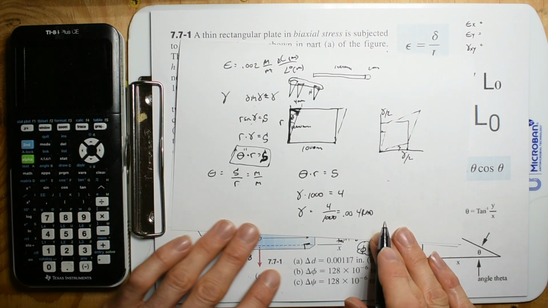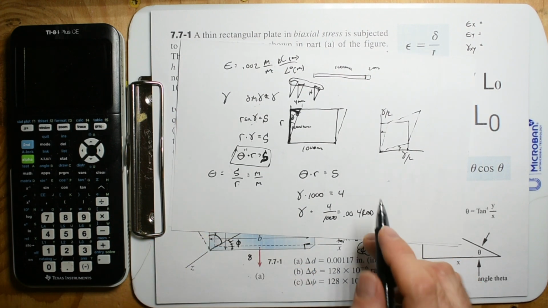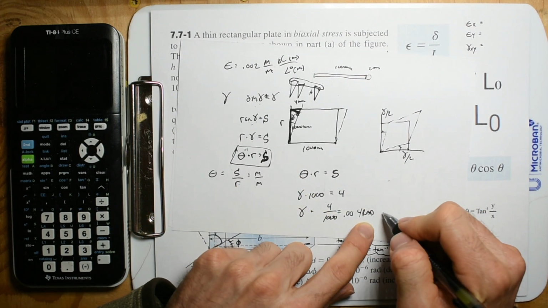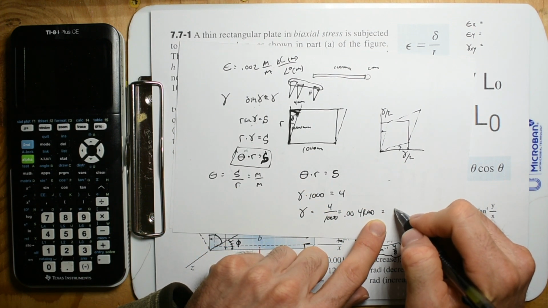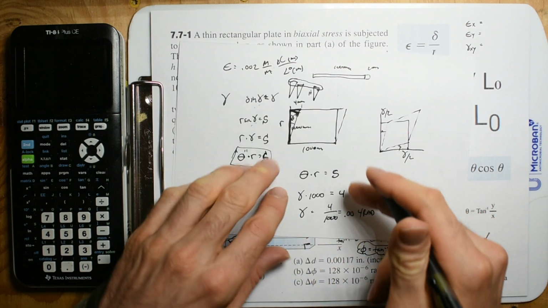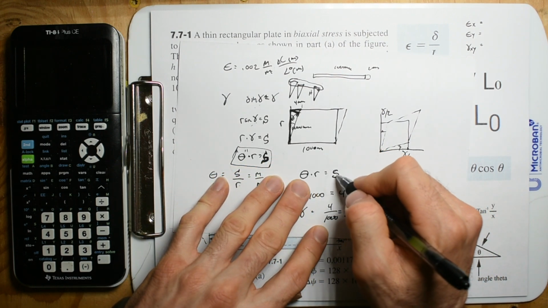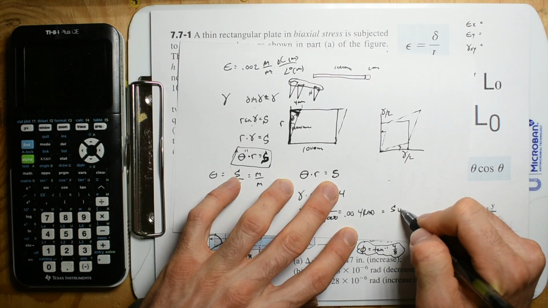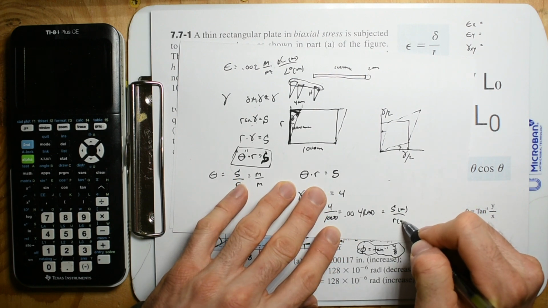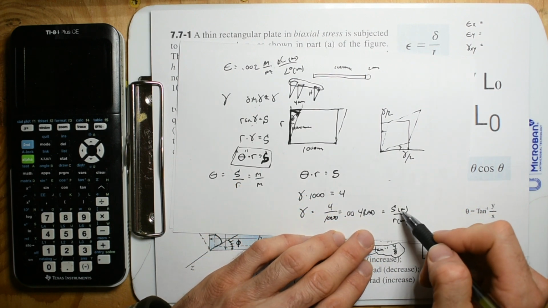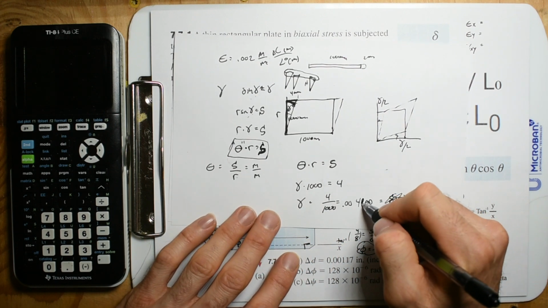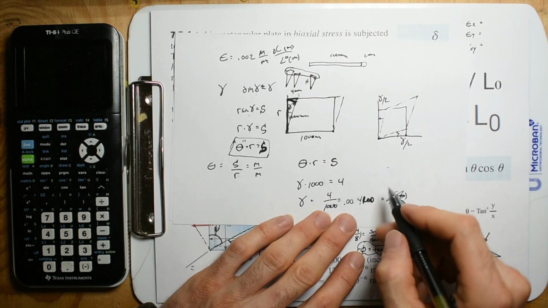This is radians, and it's a linear approximation, so you can't just say it's arc length in meters divided by radius in meters.